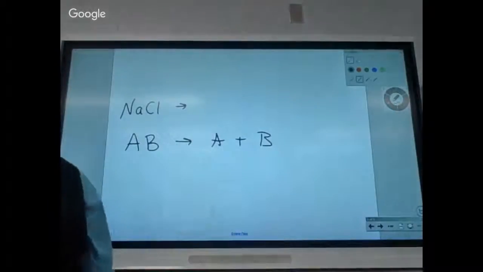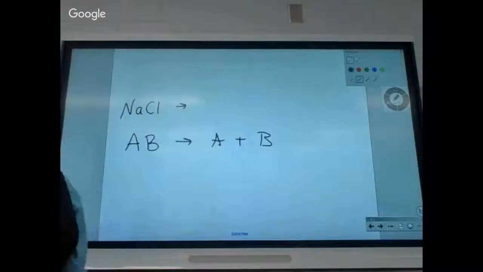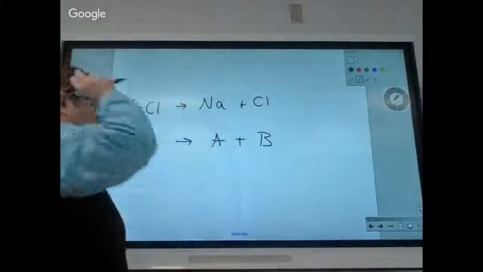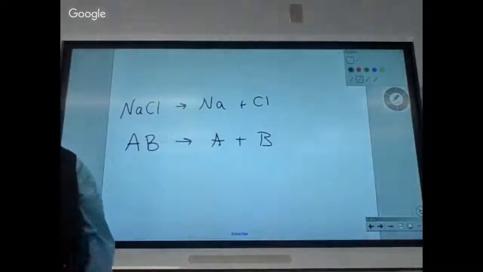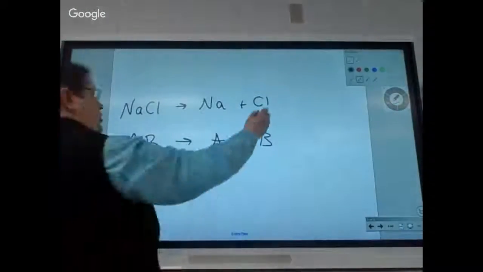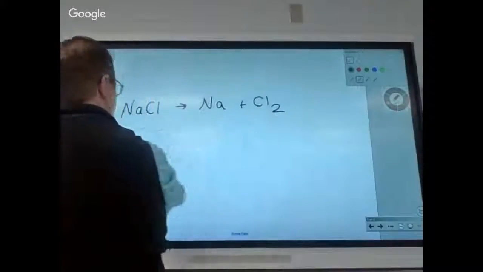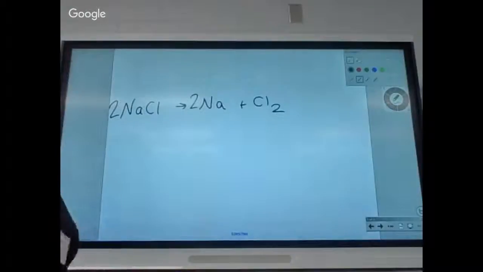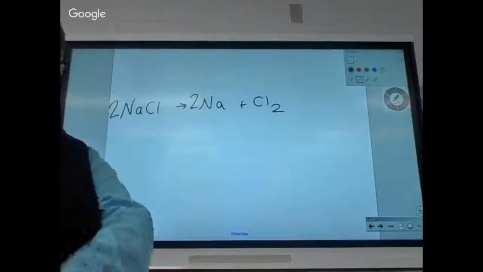That's not even really worth looking up on the reference table, but you would just break it apart into Na plus Cl, and are either of those elements one of the 7 diatomics? Yes, Cl, so you put a 2 on it, and then you balance. 2 and 2. Okay?